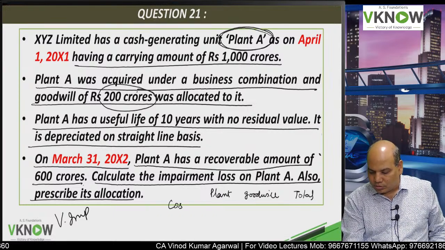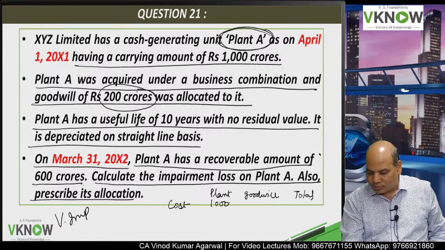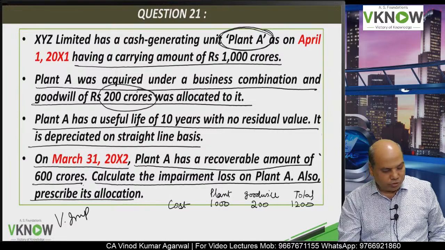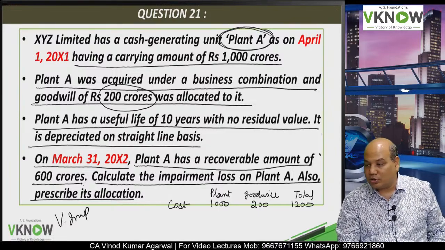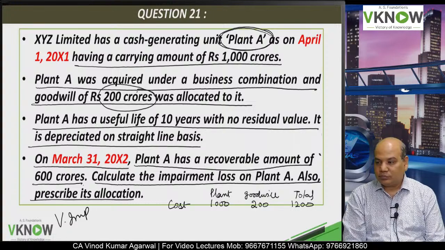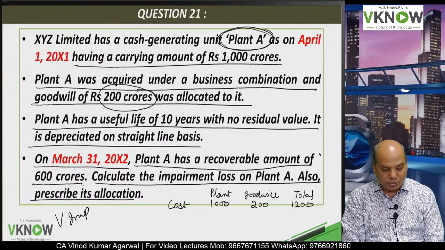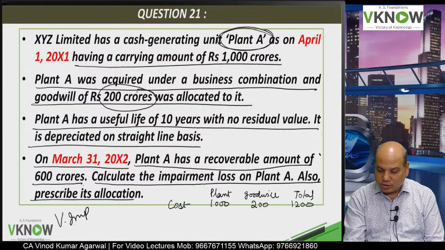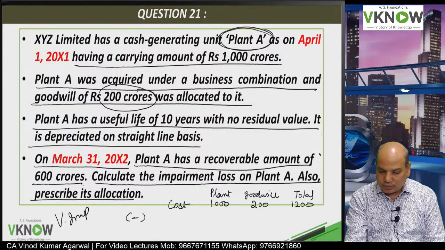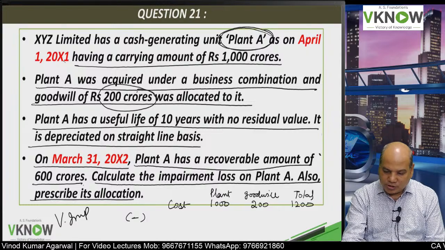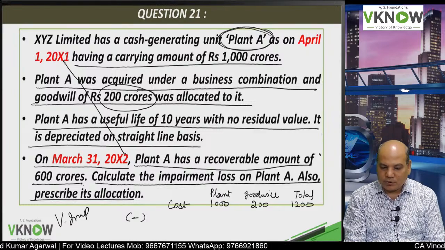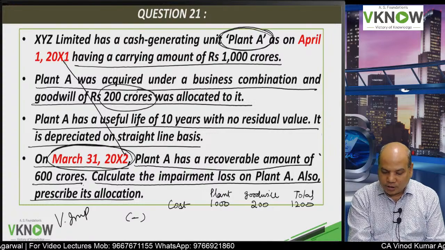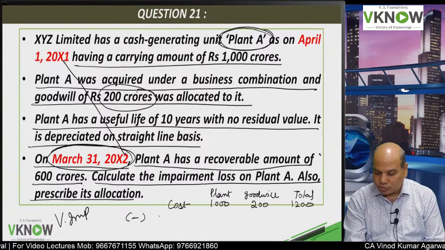What was the cost of plant? 1000. Amount paid for goodwill 200. So total consideration paid was 1200: 1000 for plant, 200 for goodwill and 1200 total. Now this purchase was made on 1st April 2001 and we are testing for impairment on 31st March 2002.